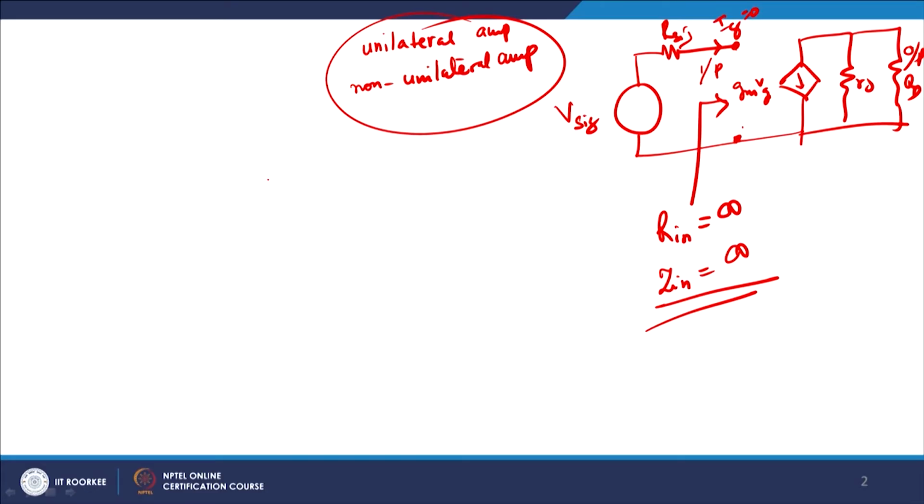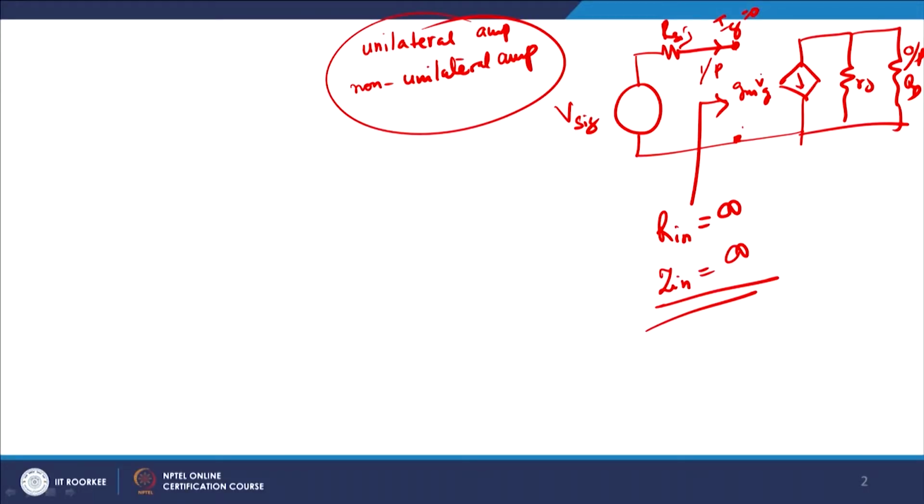So, if I have a non unilateral amplifier, it means that if I change the output, I would expect to see a change in the input by some closed loop control, whereas in a unilateral amplifier, both are totally different. As you can see, since my input impedance is infinitely large, my input does not talk with the output directly, and as a result you will see that there is no change in the value of your input impedance because of a change in the output impedance.